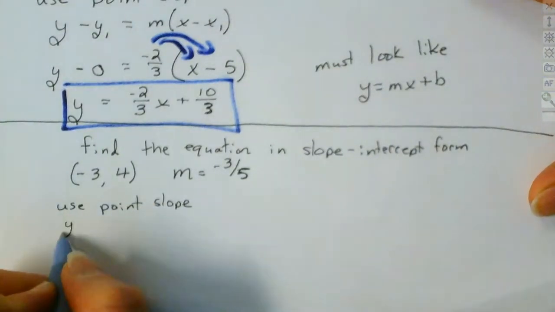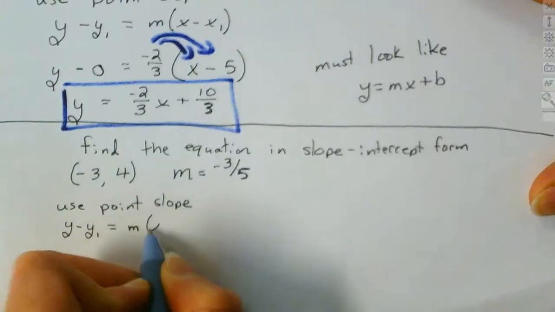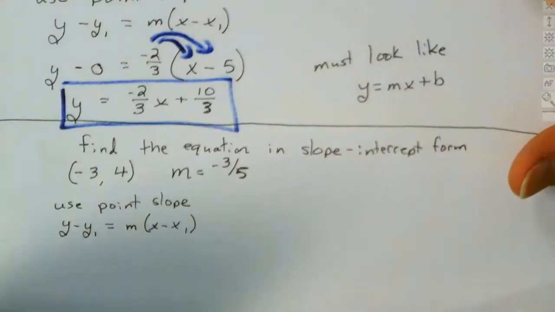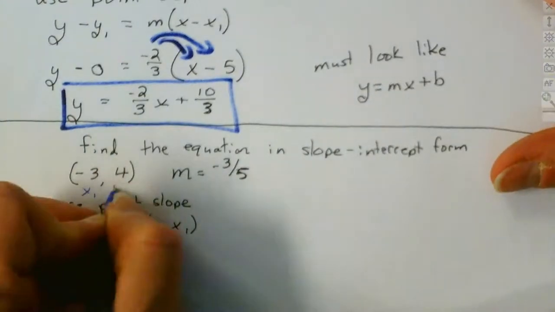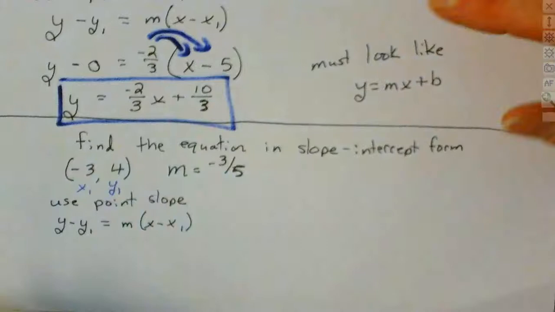And that is y minus y1 equals m times x minus x1. So we're on top of that. And what do we do next after that? Plug our values in. So we come up to our ordered pair, and we label that x1 and y1. So there's that. Plugging our values in. We've got to be very careful about double negatives.